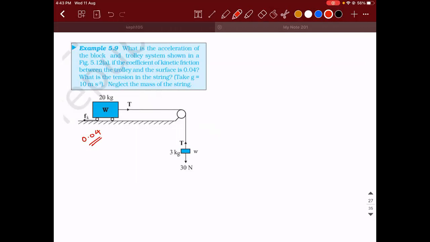So the block and the trolley will have the same acceleration. Why? Because they are connected with the help of an inextensible string. Now the question is, how do I draw the free body diagram?